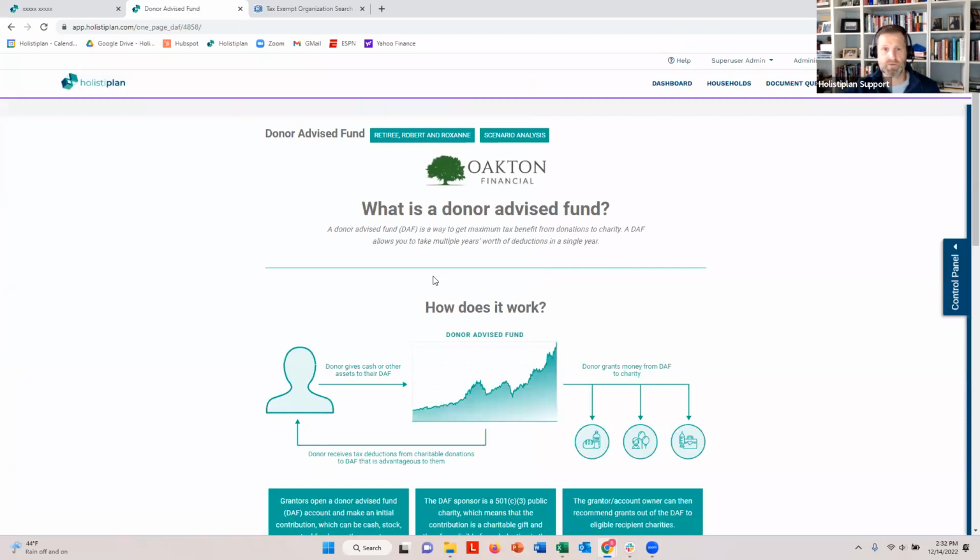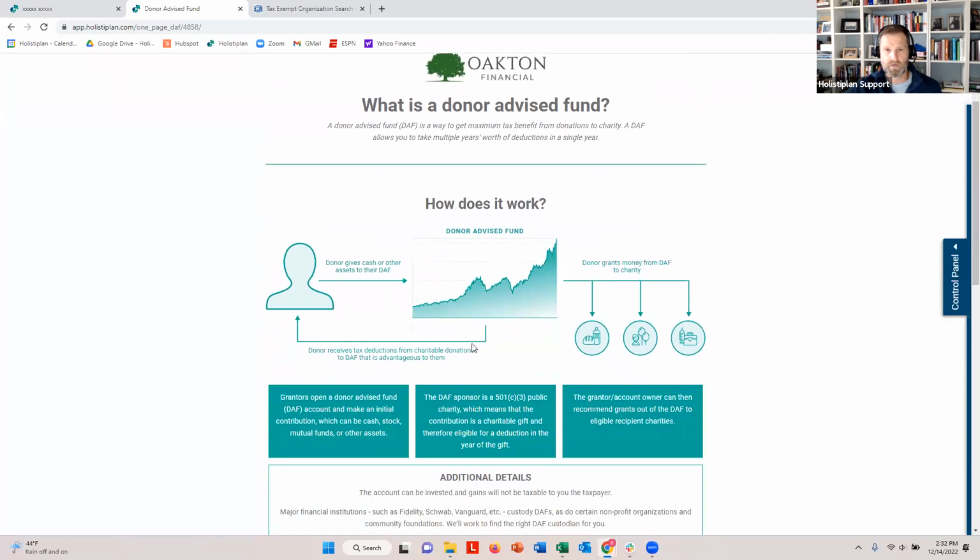So again, conceptually, we're looking at what is a donor advised fund? How does it work, right? So you give money to a donor advised fund, or securities. That's technically your charitable gift right there, because the donor advised fund itself is a 501c3 nonprofit. You as the donor can then recommend grants from the donor advised fund to charitable institutions.